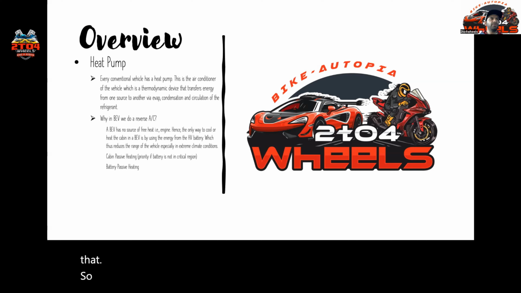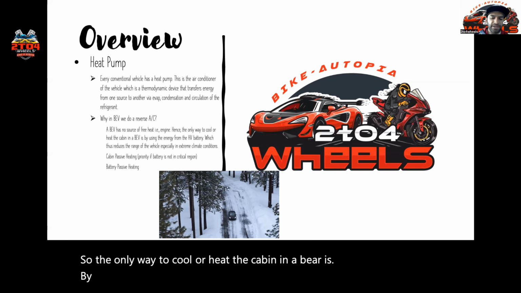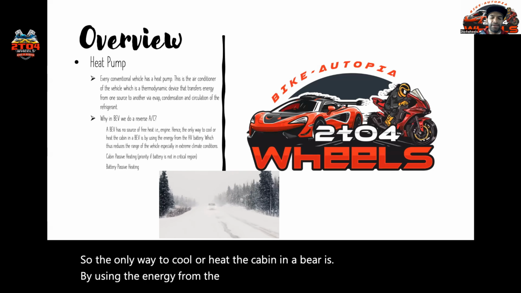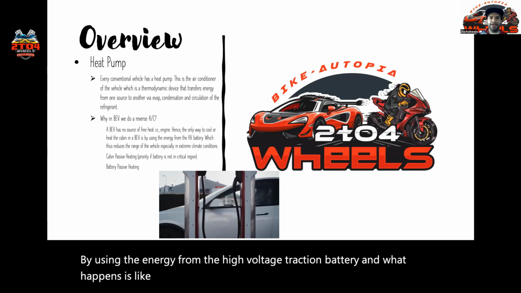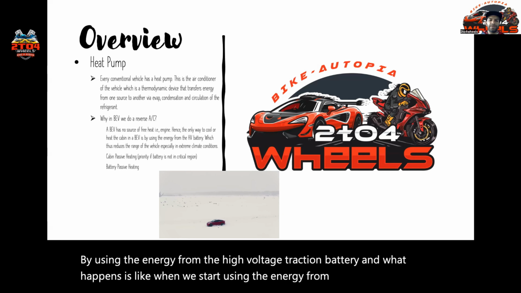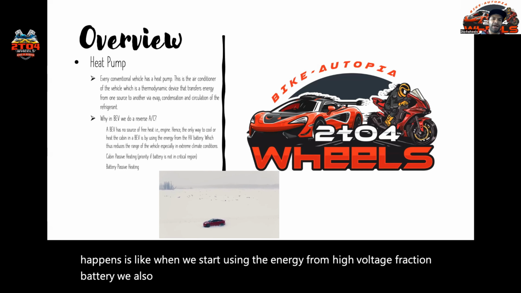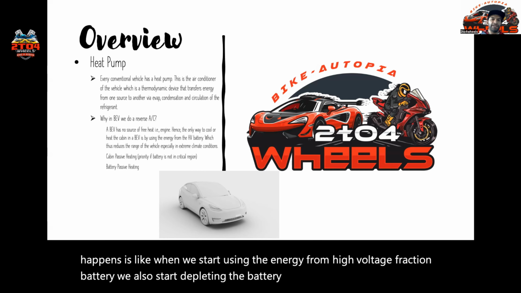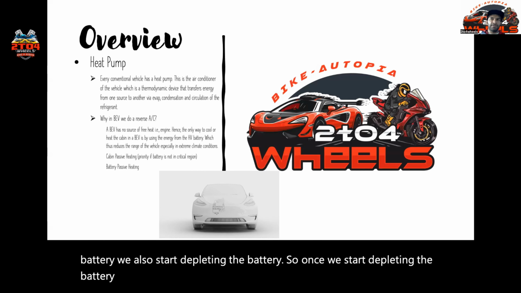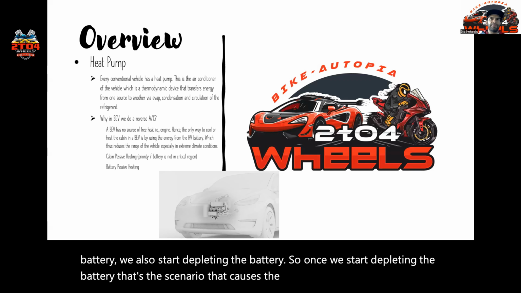The only way to cool or heat the cabin in a BEV is by using the energy from the high voltage traction battery. And when we start using the energy from the high voltage traction battery, we also start depleting the battery. That's the scenario that causes range anxiety, right?